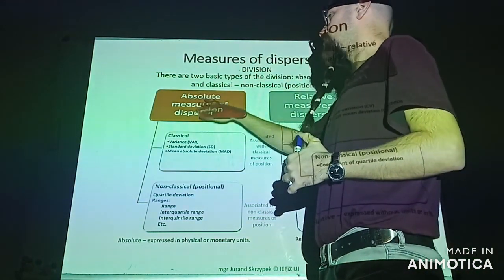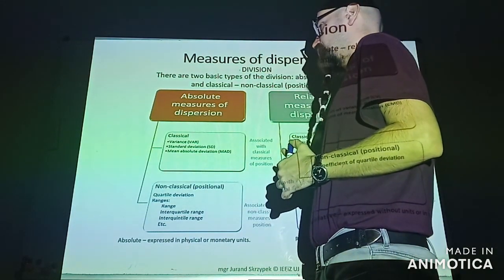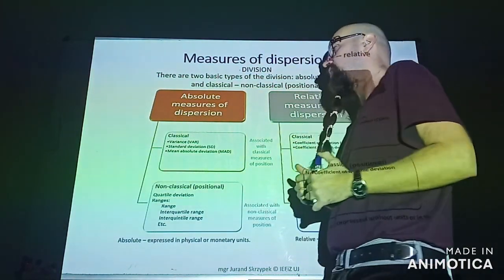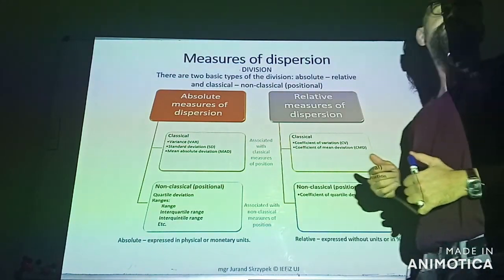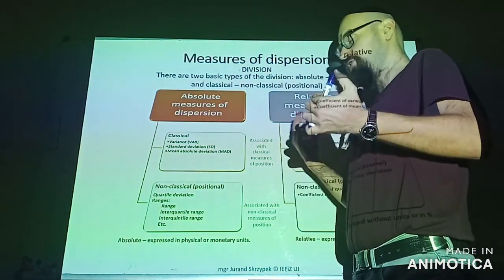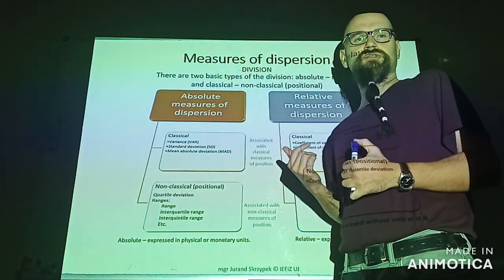The units of absolute measures of dispersion are usually the same as the unit of the considered variable.